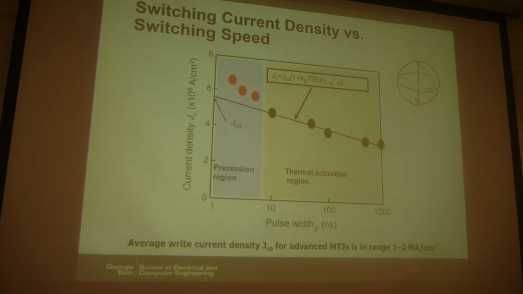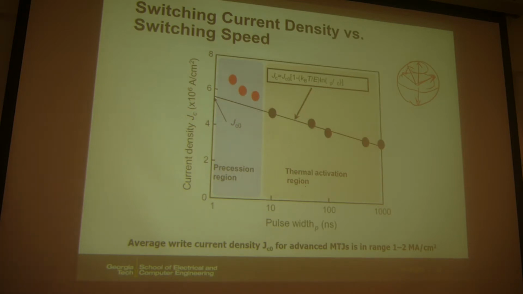So if the current is not large enough, you will rotate this, but the current is not large enough. That means it's not definitely switching.